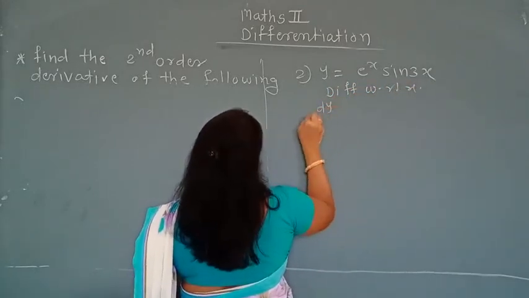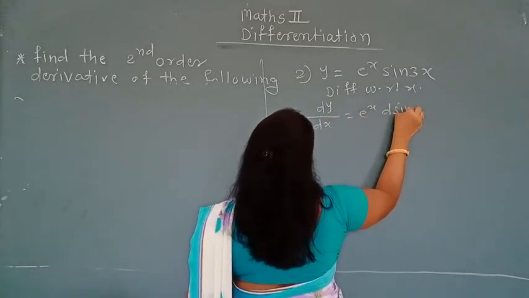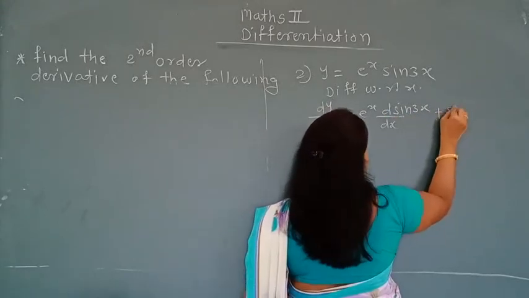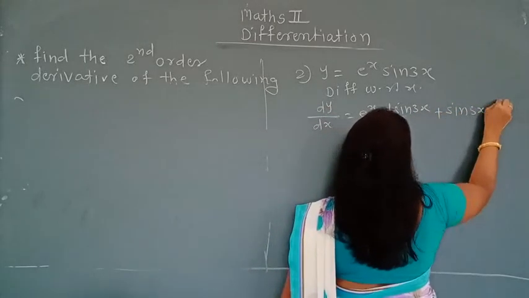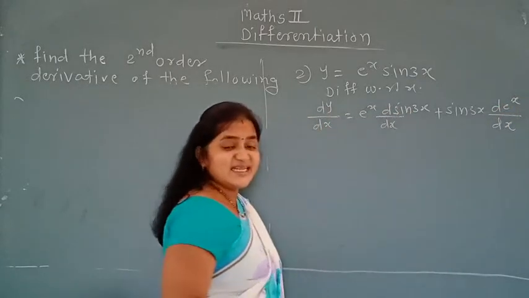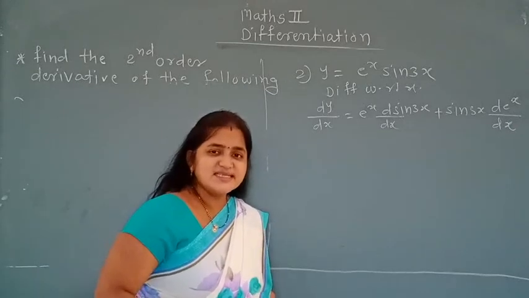So dy by dx is equal to e raised to x, constant, derivative of sin 3x with respect to x, plus sin 3x, constant, derivative of e raised to x with respect to x. Now sin 3x is a composite form because the angle is composed with 3x.